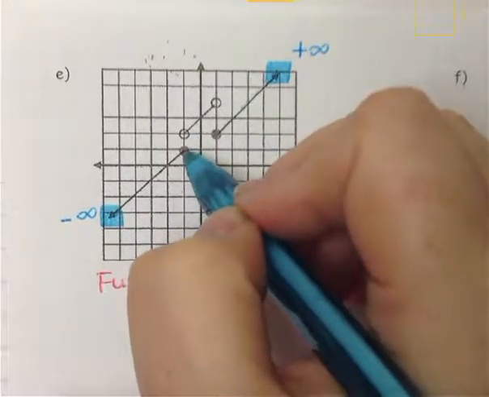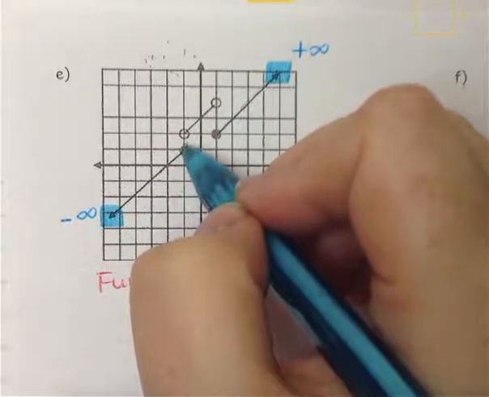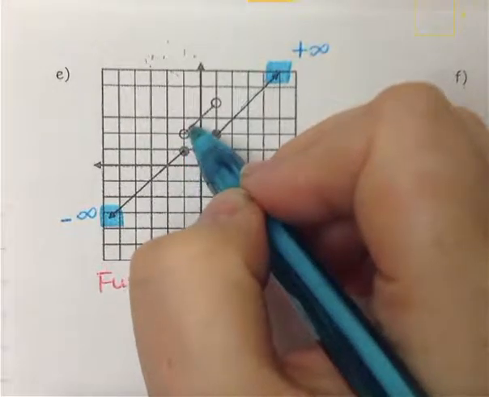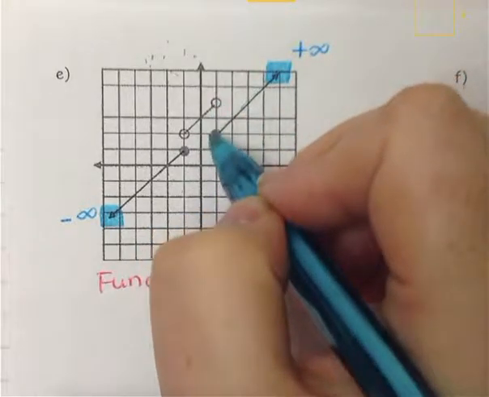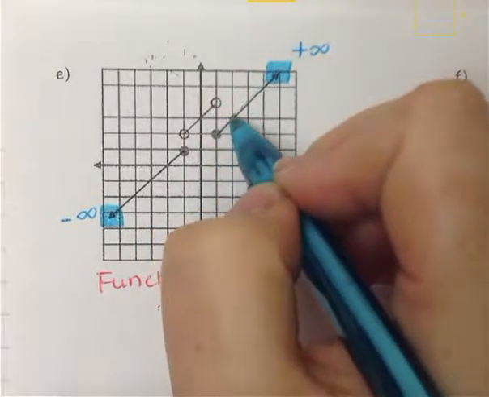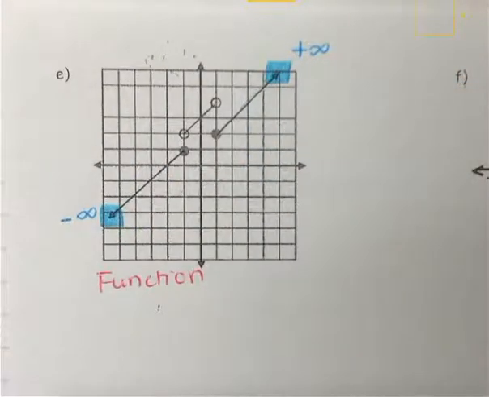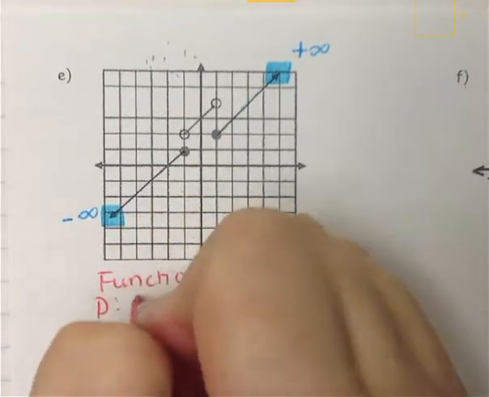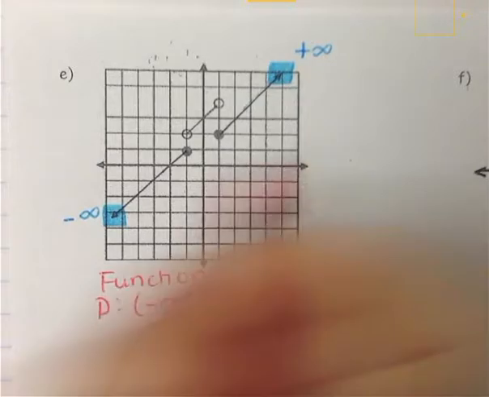I did have to jump up, but that's not left and right. If I can jump up and still keep going solid to the right, I'm okay. I jumped down and still kept going solid to the right. That's okay. So our domain was actually not broken. Our domain is still our negative infinity to positive infinity with open brackets.